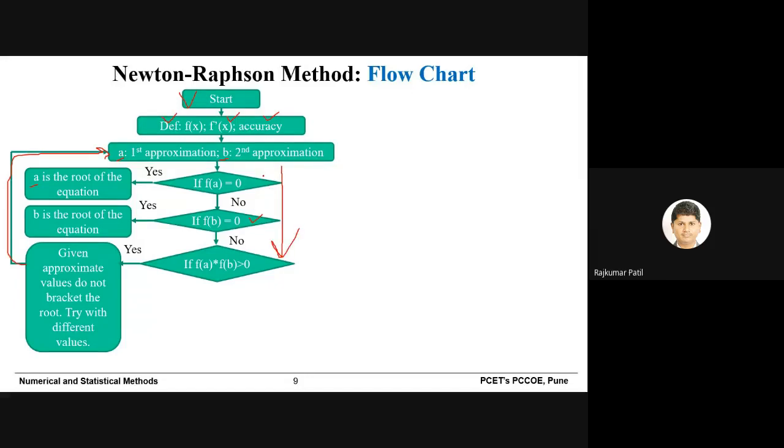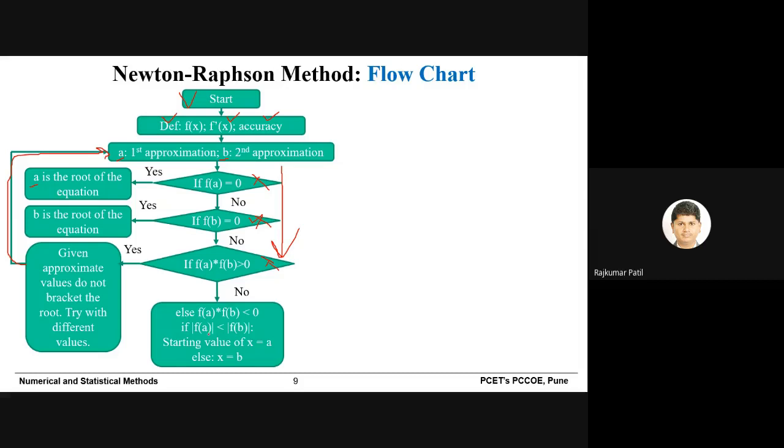Now once these 3 conditions fail, then we can say that the root lies between a and b, that is, the product of f of a and f of b is less than 0. In that case, we check which value is lesser, either f of a or f of b.